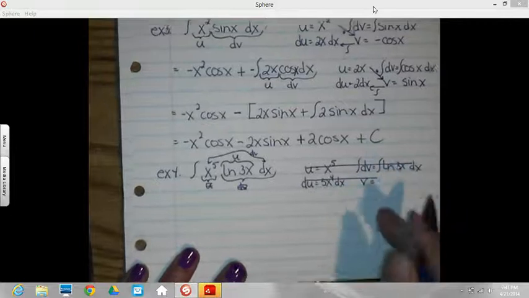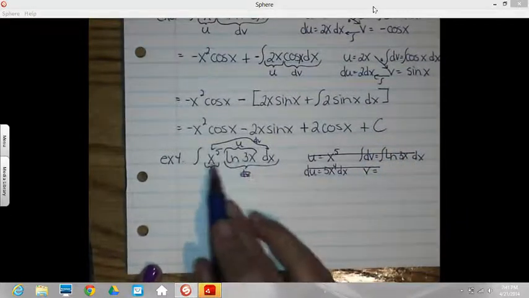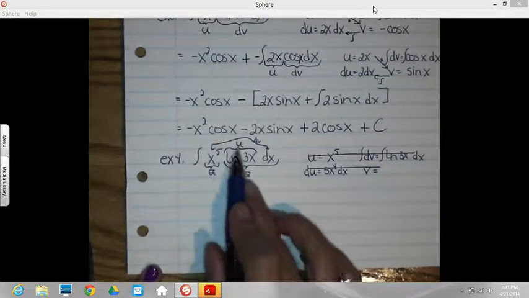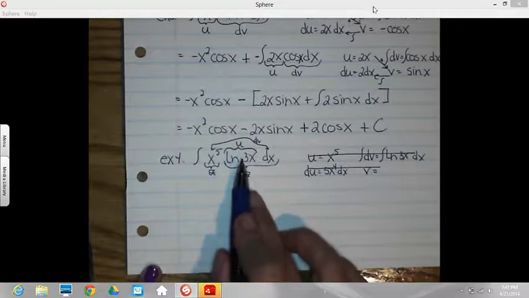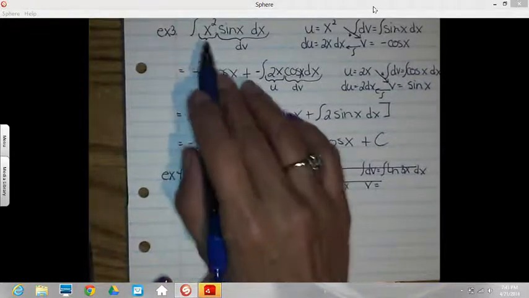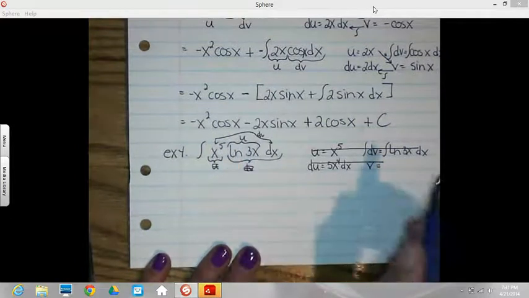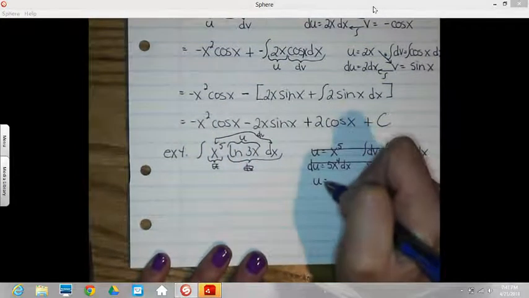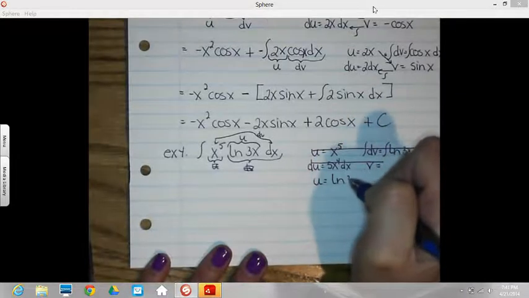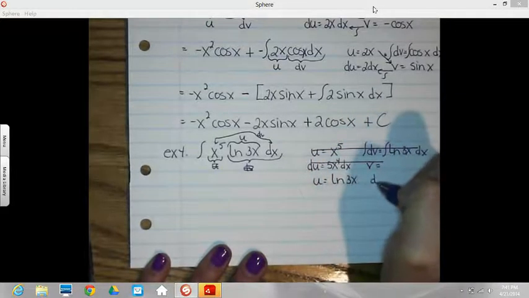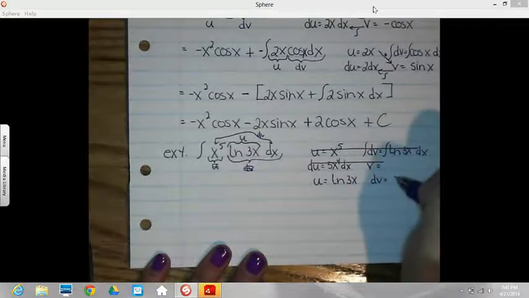Anytime you've got a natural log in your integral, for sure the natural log has to be the u. Remember I said 9 out of 10 times the x is the u? Here's the 1 out of 10 times when it's natural log. So we'll let u equal natural log of 3x. dv will equal the x to the 5th dx.